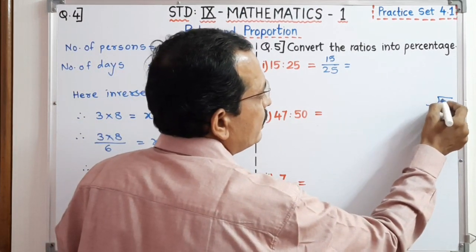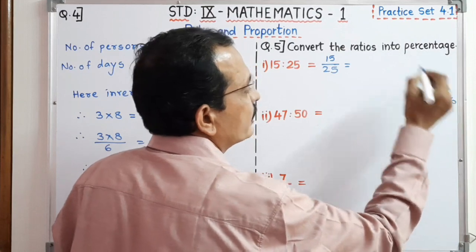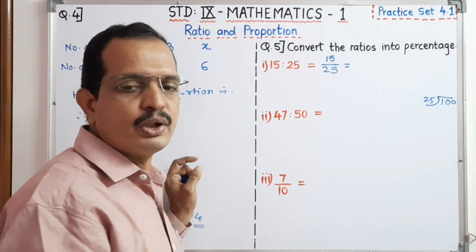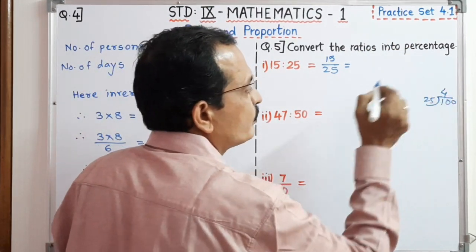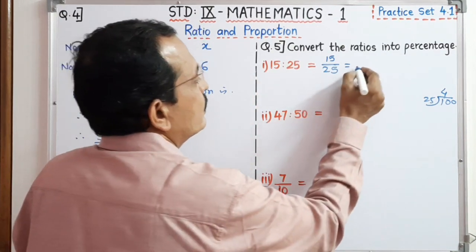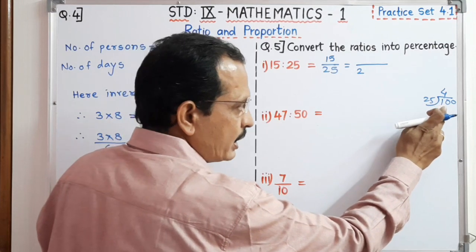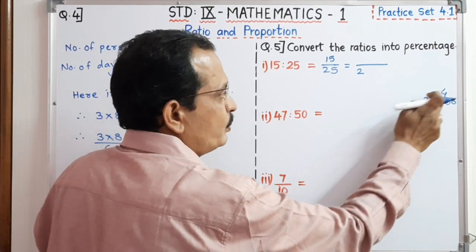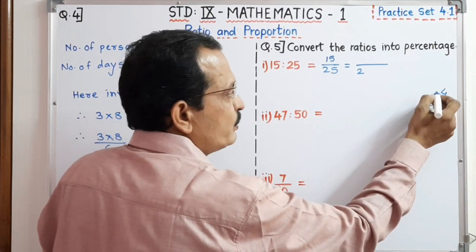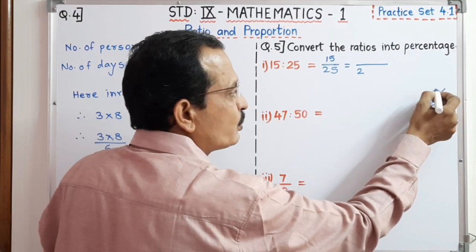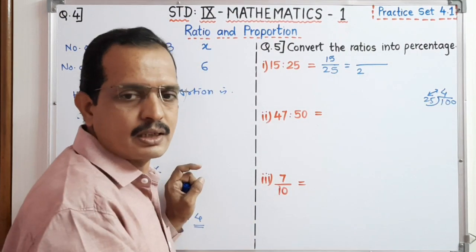Simply divide 100 by 25. If we divide 100 by 25, we get 4. That means if we multiply this 25 with 4, then we will get the answer 100.